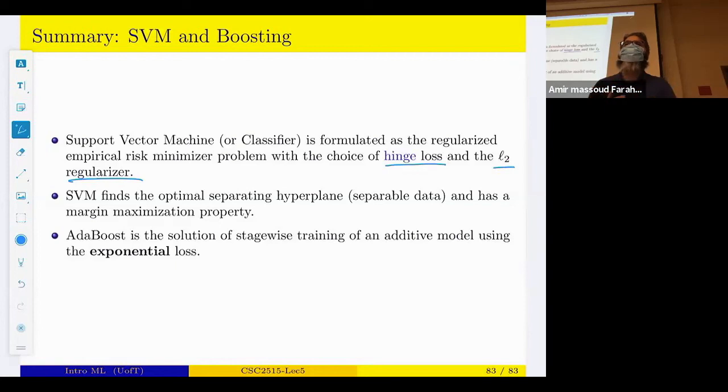Because of the properties of the linear model that SVM used, we saw that all the computation can be done by just computing the inner product of the feature mappings of each data point with others.